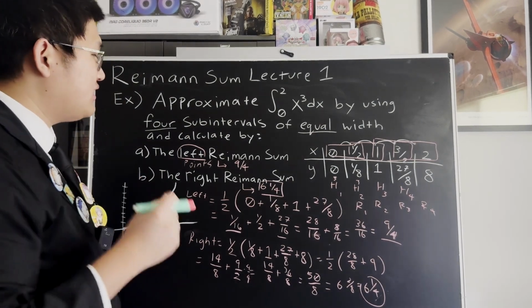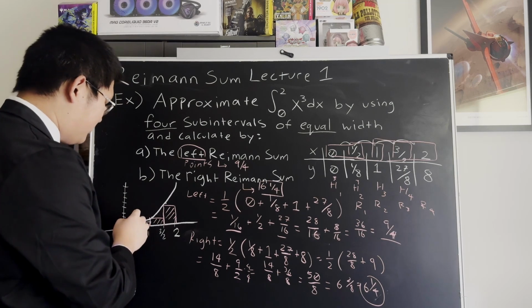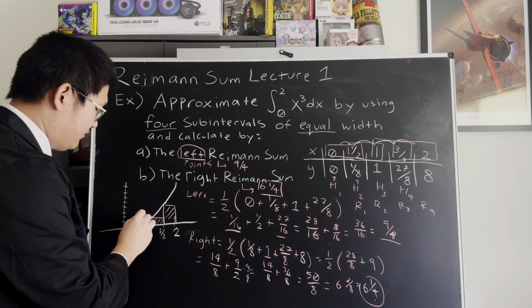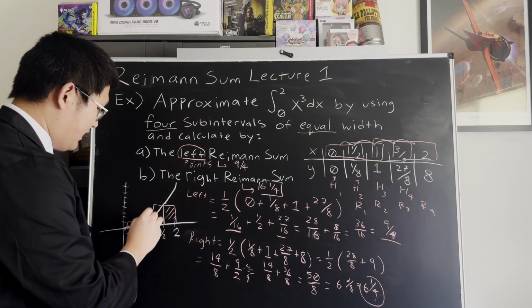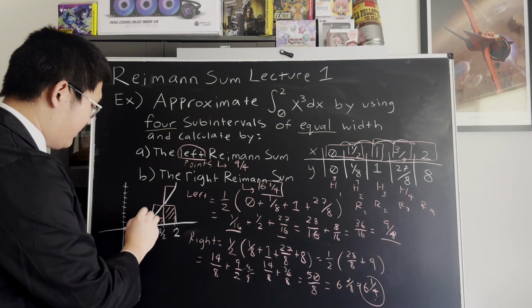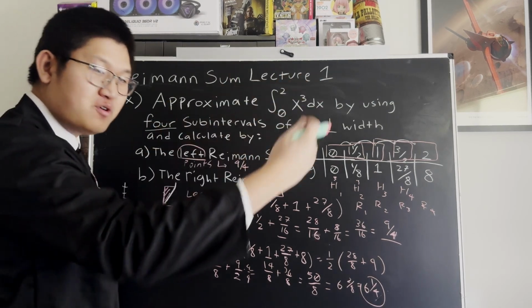Very nice. So let's finish this off by looking at some of the actual areas for that. Again, now we're going to go from the right side, making rectangles this way, and then ending all the way with the 2. And as you can see, in comparison, it looks like the right Riemann sum goes over the graph.